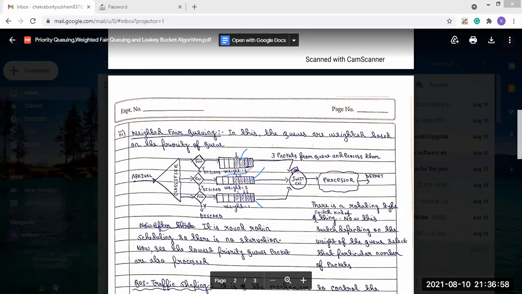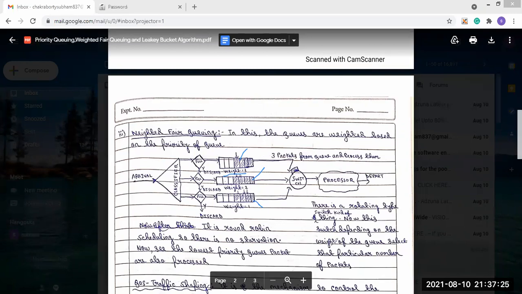The weight of this queue is 3. This is the maximum weight, because the others are 2 and 1, so the rotating switch will go towards the first queue.